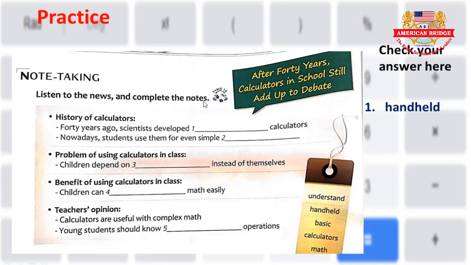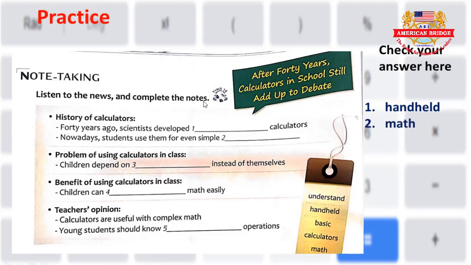But nowadays students use them for even simple work. When you see in the script, you see only divide or multiply. This is just easy mathematics to solve, okay? But they still use it. So what is it, everyone? We call it math, okay? They use even the simple math.